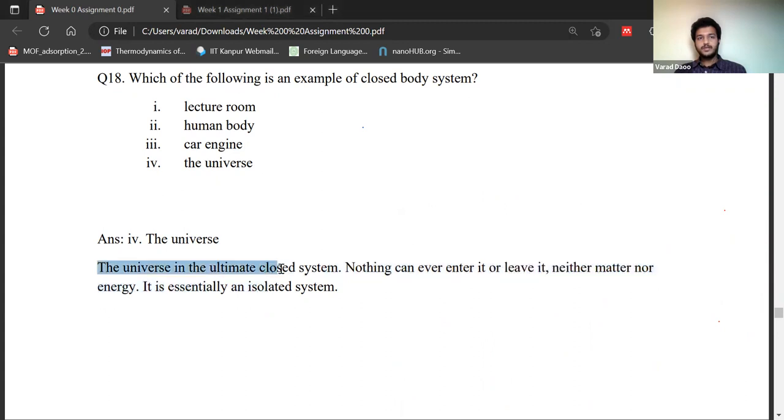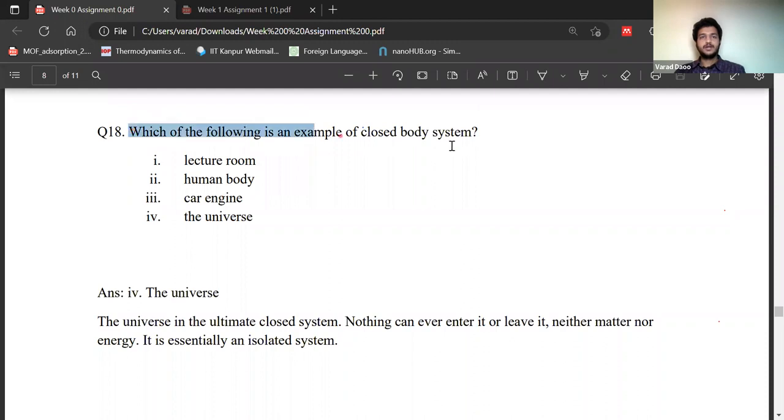The universe is an ultimately closed system. That means it's an isolated system. Nothing can enter it or leave it. It is essentially an isolated system, but like I said, closed system is a subset of isolated system. Hence, this is the correct answer, right? This is a very tricky question. It appears that the question is wrong and none of the answers are correct, but that is not the case. The answer is option 4, universe.